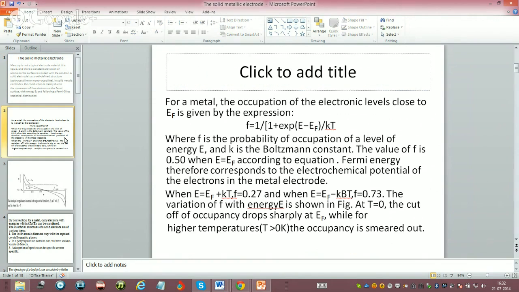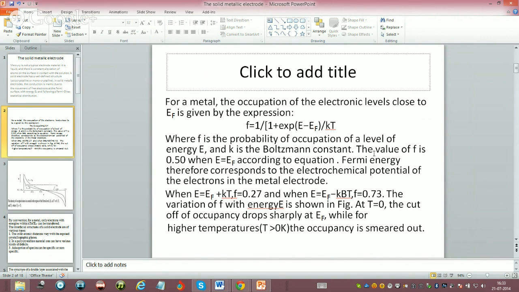So now if I take the Fermi energy, then look at the electron distribution. It is given by f equals 1 over 1 plus exponential of (E minus EF) by kT. This is the Fermi-Dirac distribution, where k is the Boltzmann constant, EF is the Fermi energy, and E is any energy value.